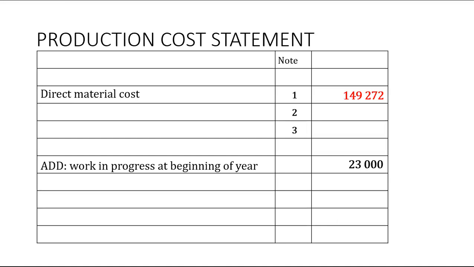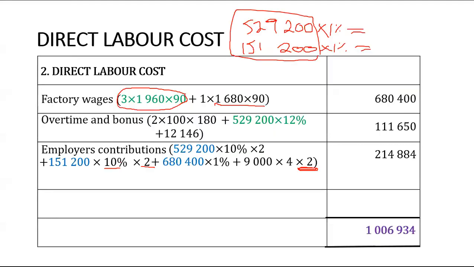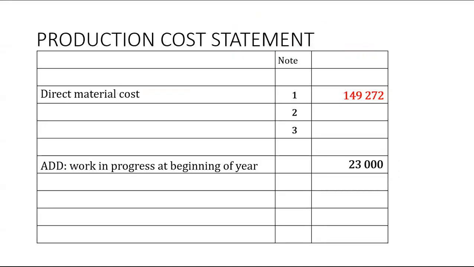But before I subtract that one, I added my direct labor, which is 1,006,934. That one will also be put in my production cost as direct labor cost. I'll just add those, which will give me prime cost.